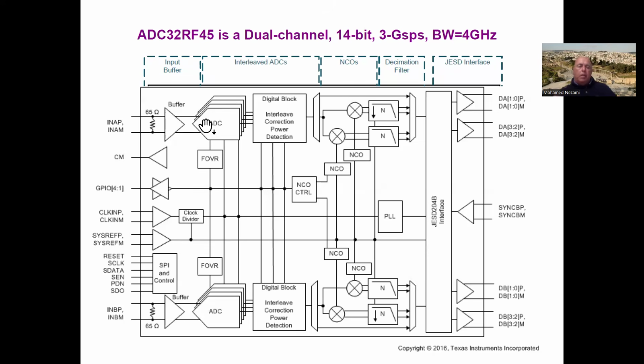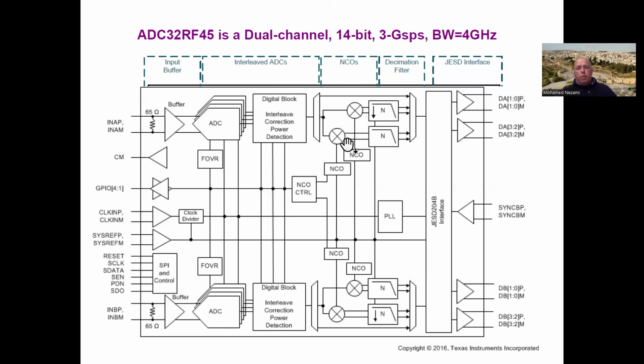I covered that in the previous sessions on designing high-speed front-end design, heavily. It's very critical, by the way, this front-end design. This is integrated inside, of course. After the ADC you have interleaved ADCs to offer high speed. We have numerically controlled oscillators and digital down conversion.